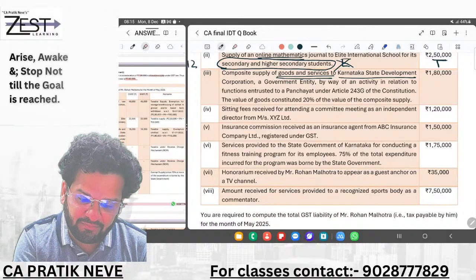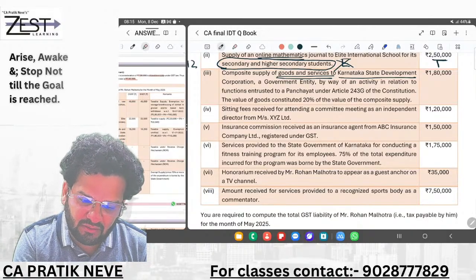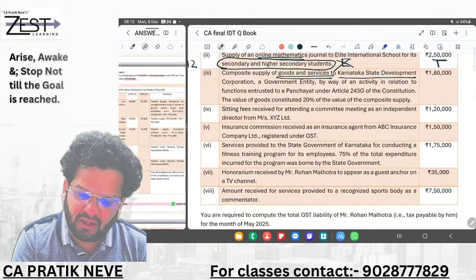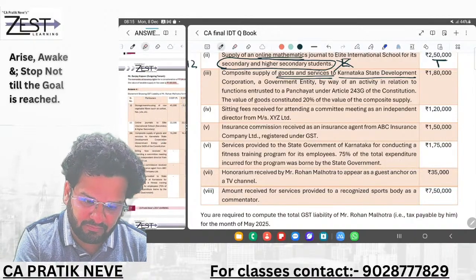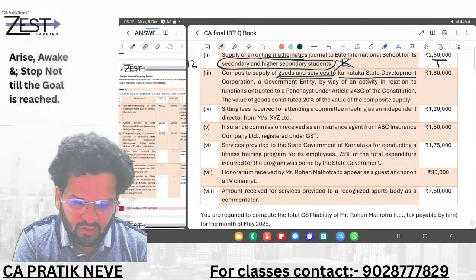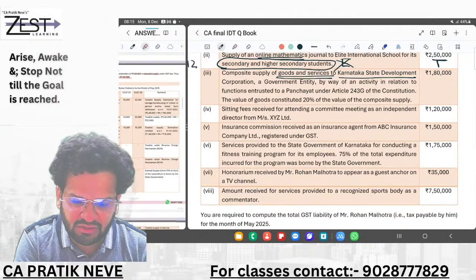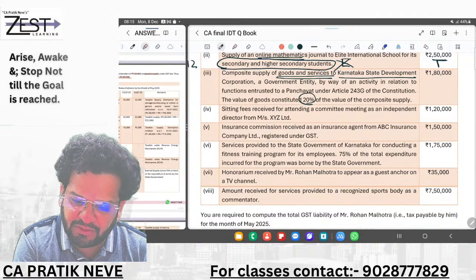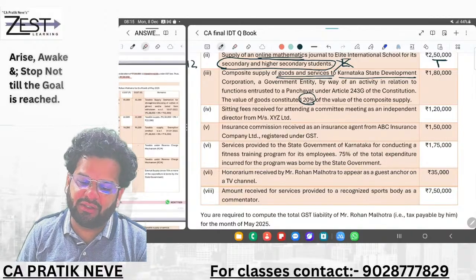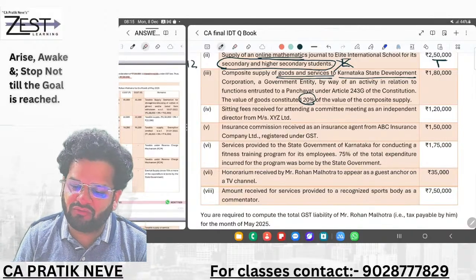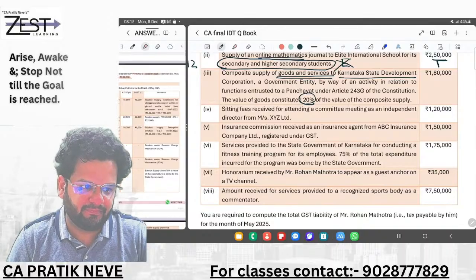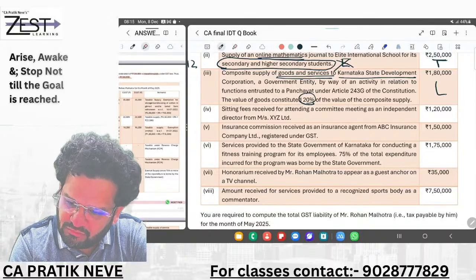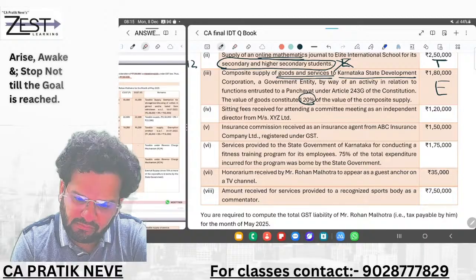So basically, this will become exempt. Why will this become exempt? Because the value of goods is 20%, so we can call it a supply of services. So this will become exempt.